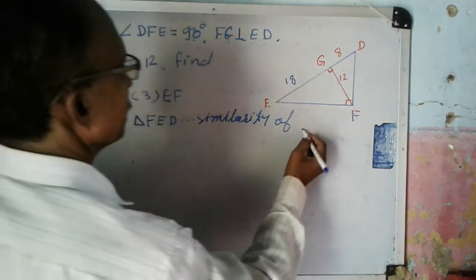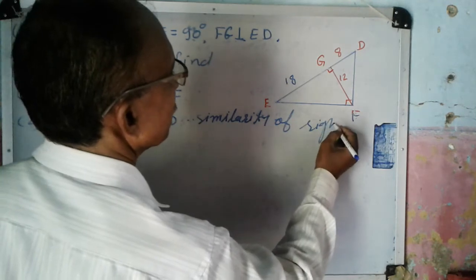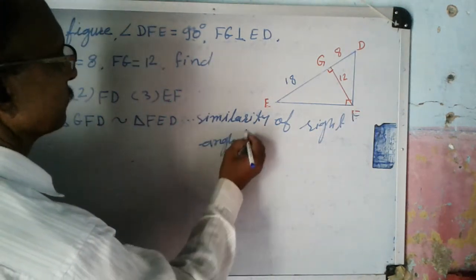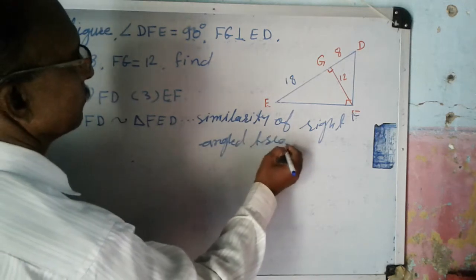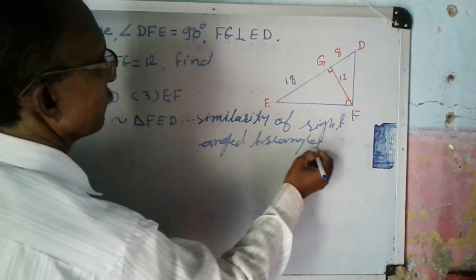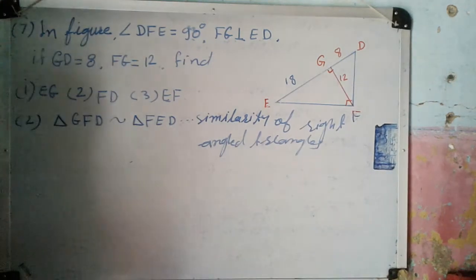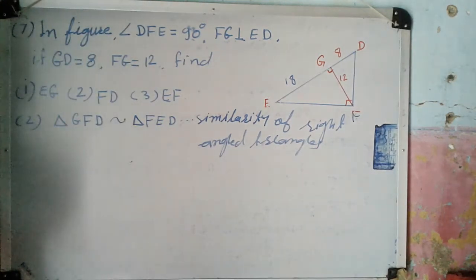Similarity of right angle triangles. So triangles are similar, therefore their corresponding sides are in proportion.